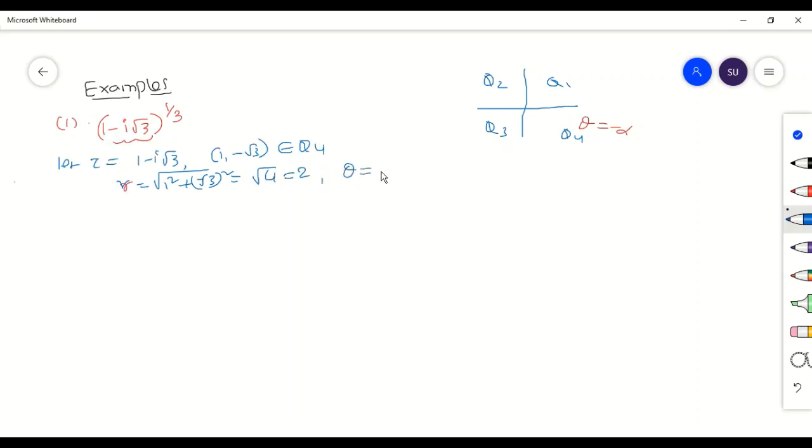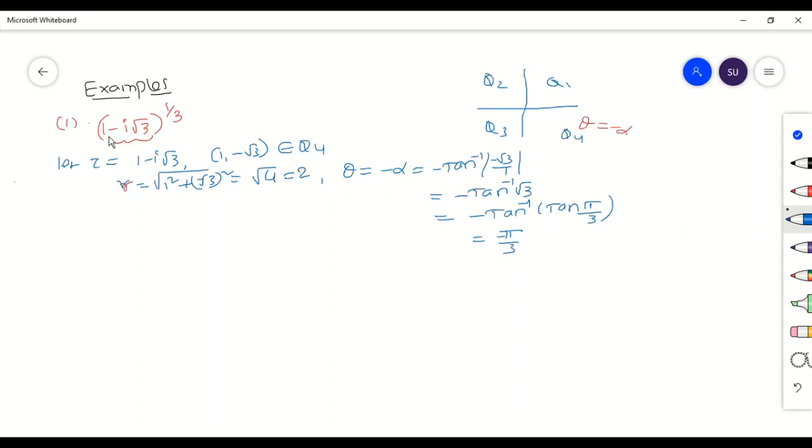Now theta is equal to minus alpha, that is minus tan inverse of mod y by x, which is equal to minus tan inverse root 3. What is root 3? Tan 60. So tan inverse of tan 60 is pi by 3. The value of theta is minus pi by 3.